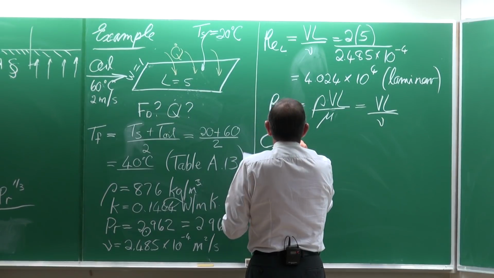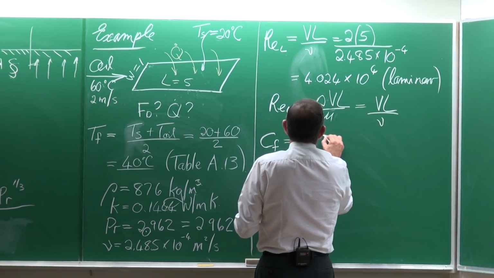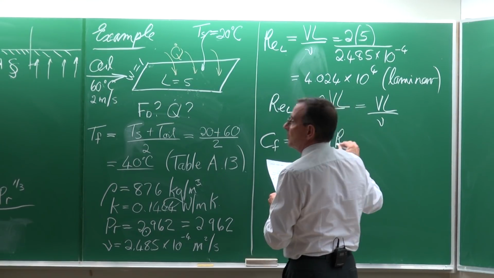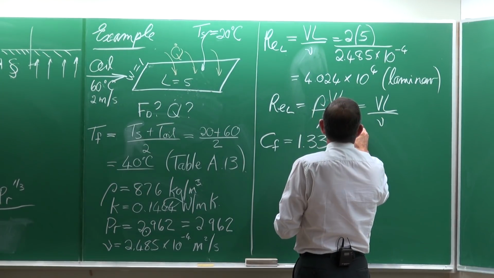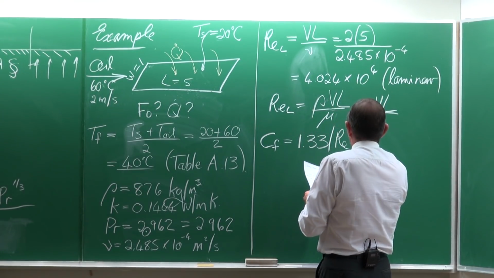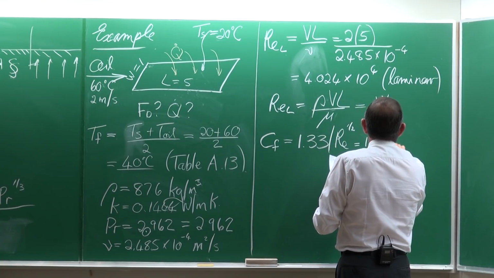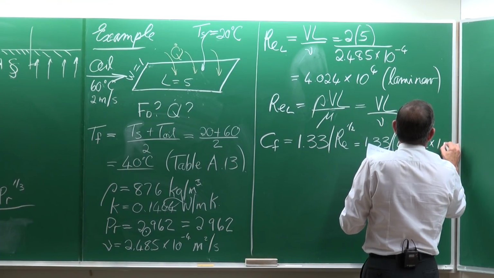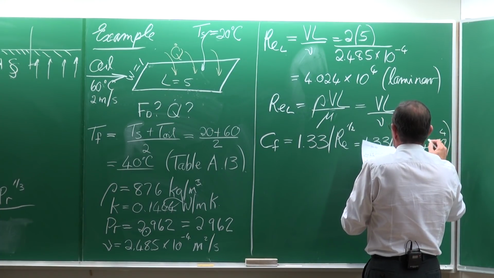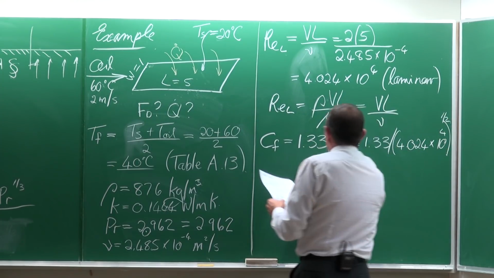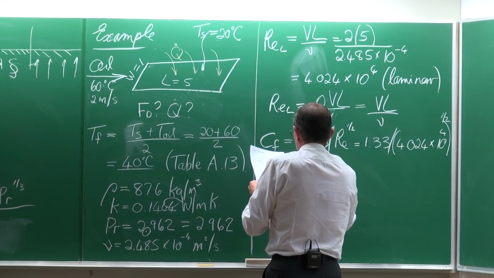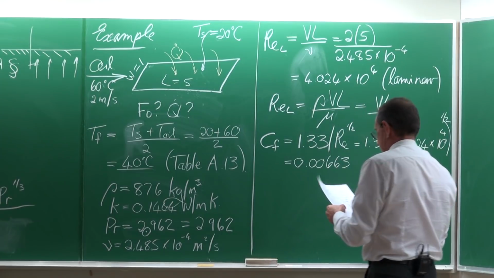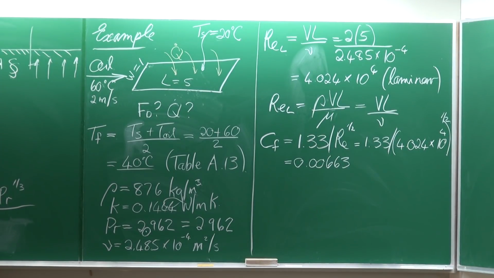So the average drag coefficient is equal to 1.33 divided by the Reynolds number to the half, 1.33 divided by 4.024 multiplied by 10 to the 4th to the half. And if we calculate the drag coefficient, it will be equal to 0.00663. Okay?